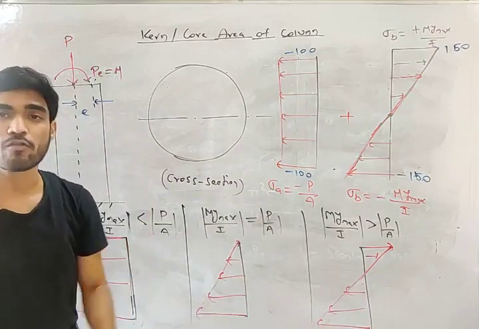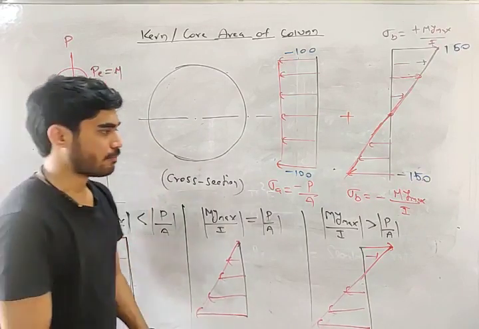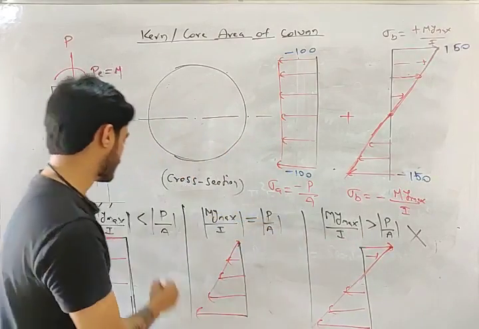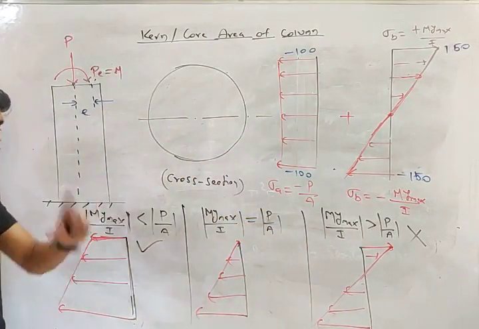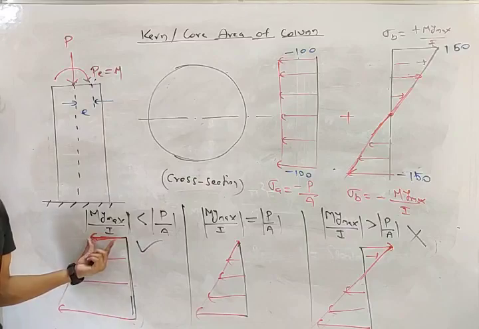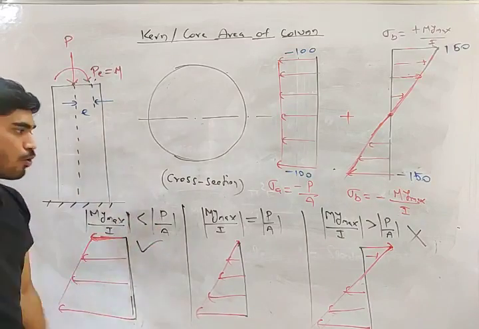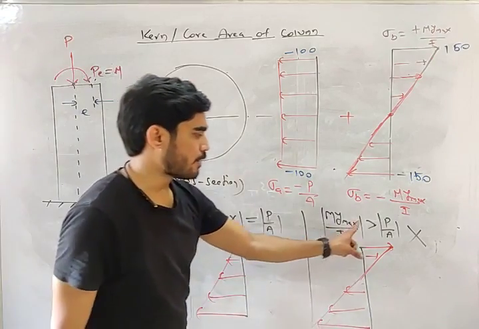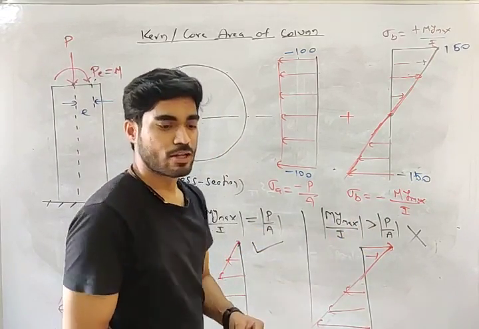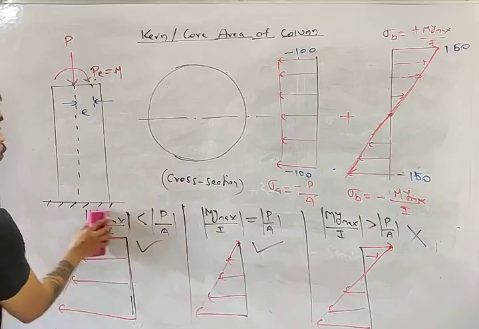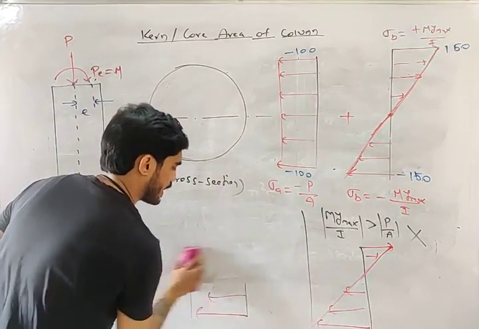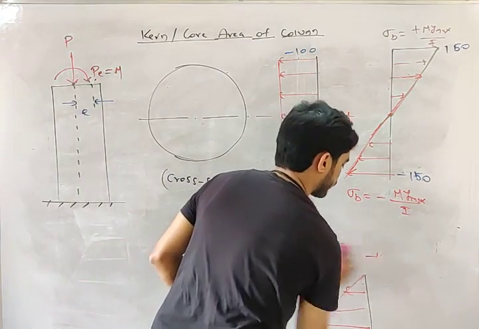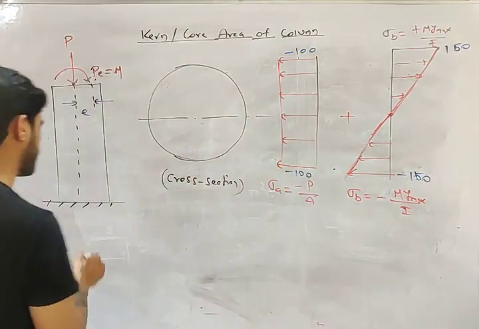If you don't want tensile stress, it means the third case should not happen. If my maximum by I is less than P by A, okay. Equal to P by A, okay. But it should not be greater than P by A. So what will be the condition for no tensile stress?